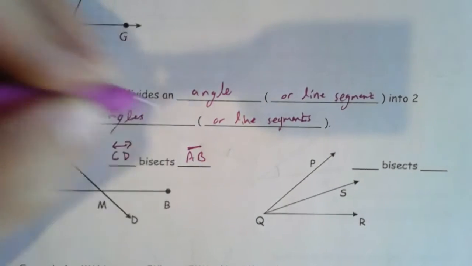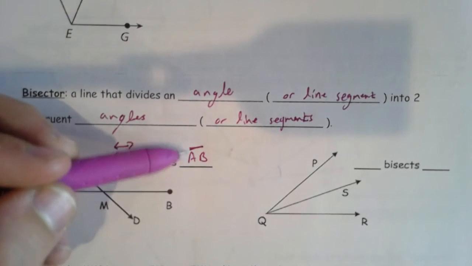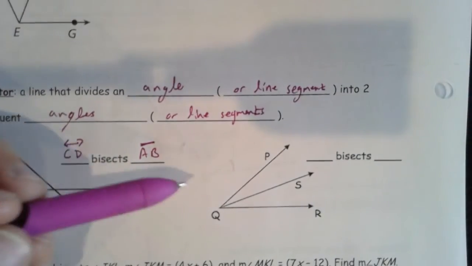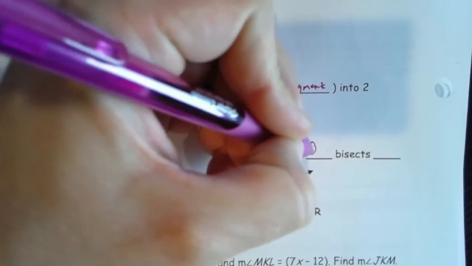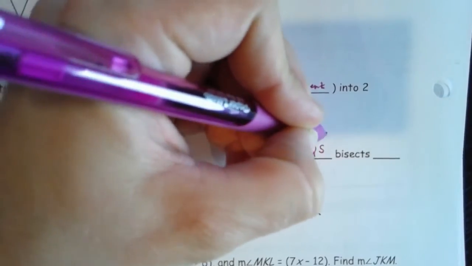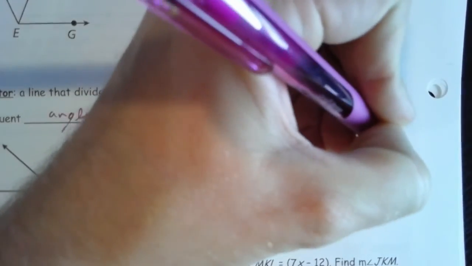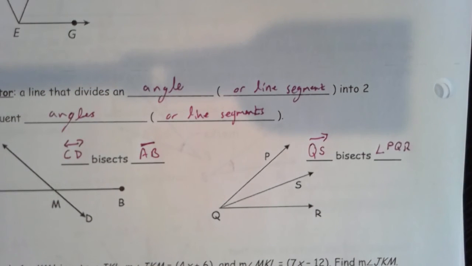And again, notice that line CD has the arrows above it, and line segment AB is a line segment. And then here I can say this ray QS bisects angle PQR. Angle PQR. All right, and those are the notes for today's lesson.